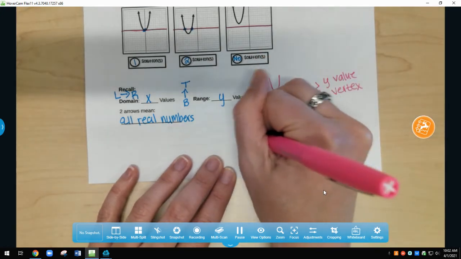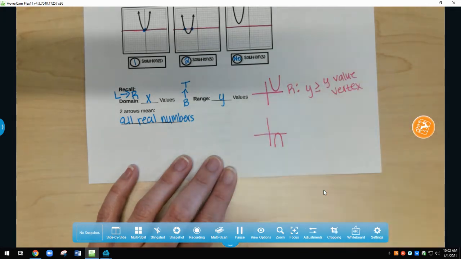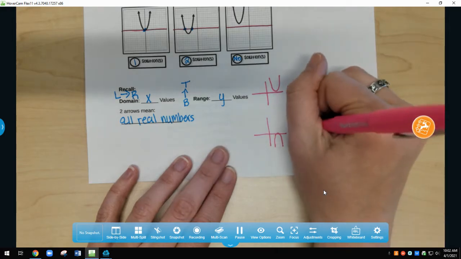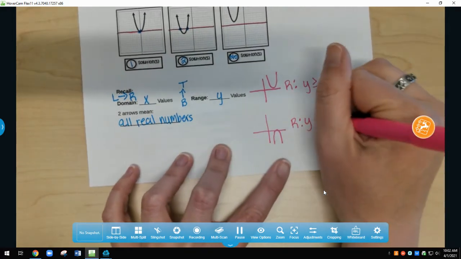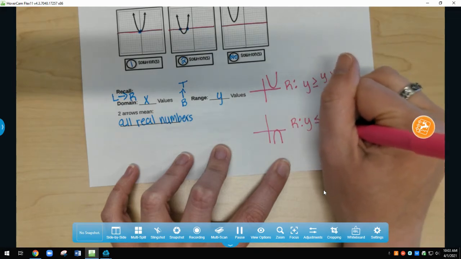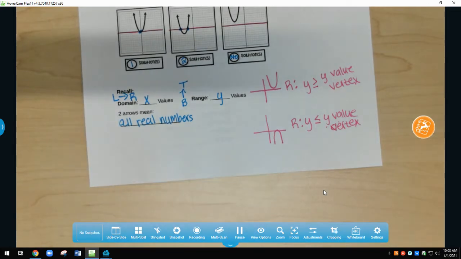If it opens down, so if your vertex is a maximum, it's going to be y is less than or equal to the y value of your vertex. And we'll get more in depth. It'll be a little easier to see on the next slide.